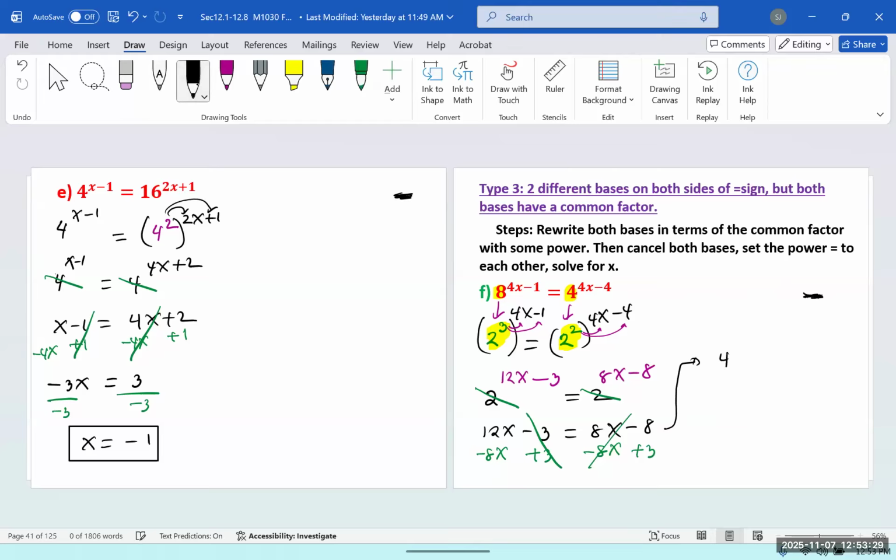So we get 4x equals negative 8 plus 3, which is negative 5, right? Negative 5 divided by 4, and you get x equals negative 5/4.